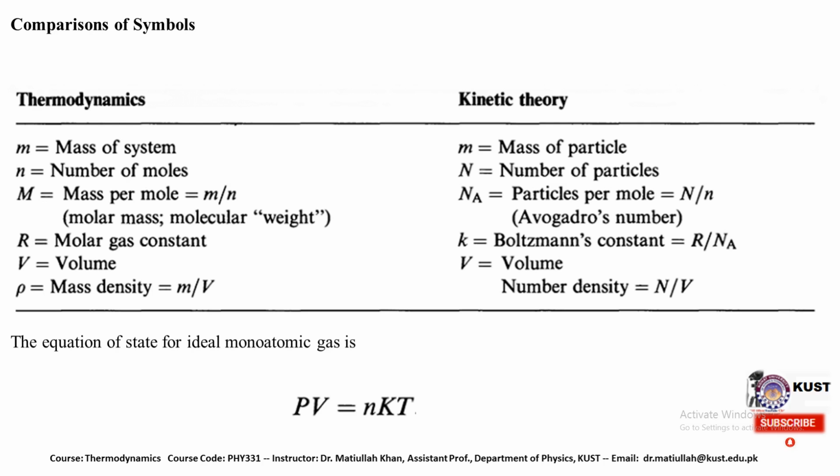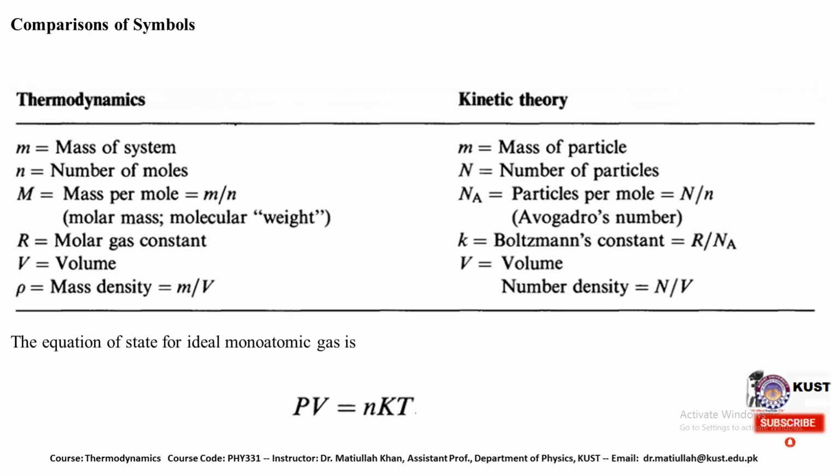The kinetic theory basically provides the microscopic explanation of the same phenomena used in thermodynamics. Further detail of the microscopic approach could be obtained from statistical mechanics. So this is some comparison.